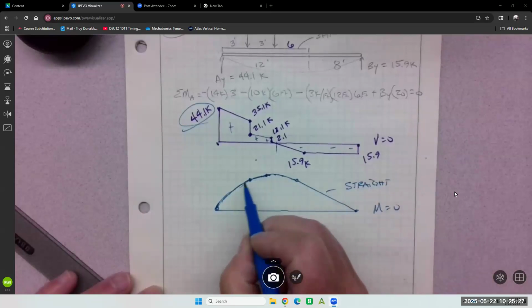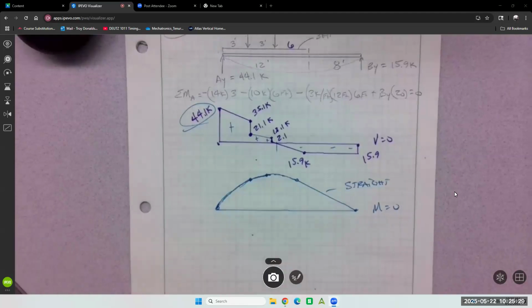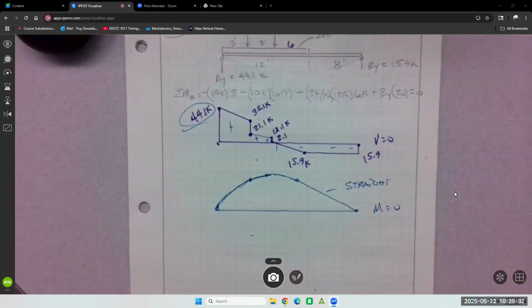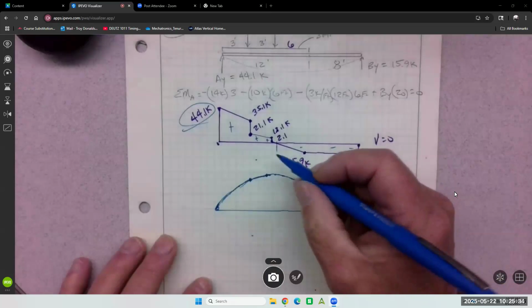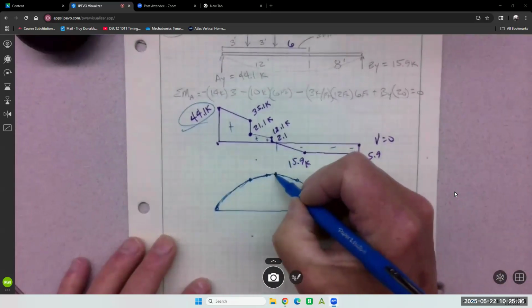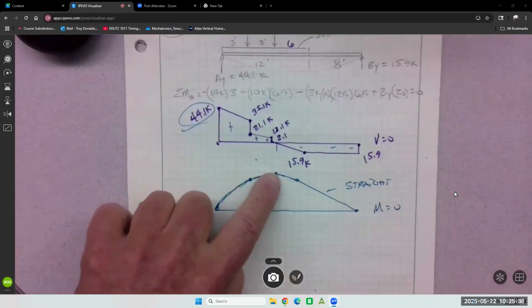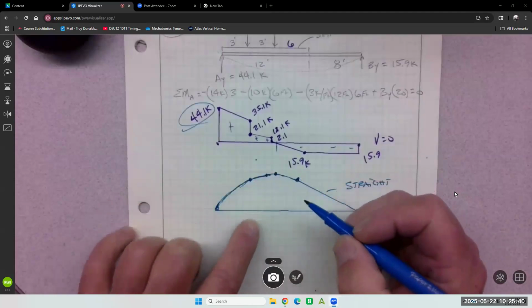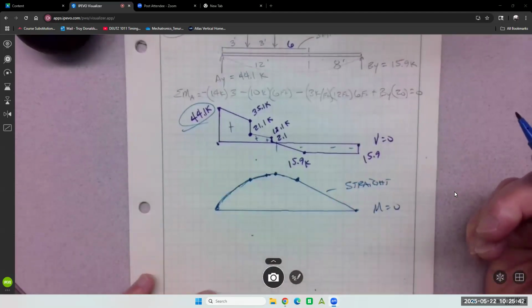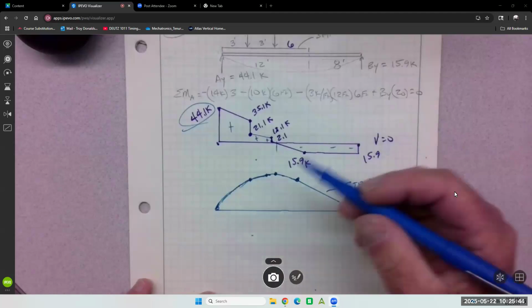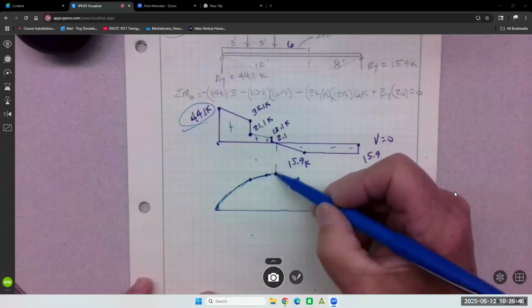And the rest of these are all parabolic curves, second degree parabola. Again, drawing it, you just do your best to draw it and note the points. You don't have to find those values, not completely necessary. What we need is this maximum value right there.